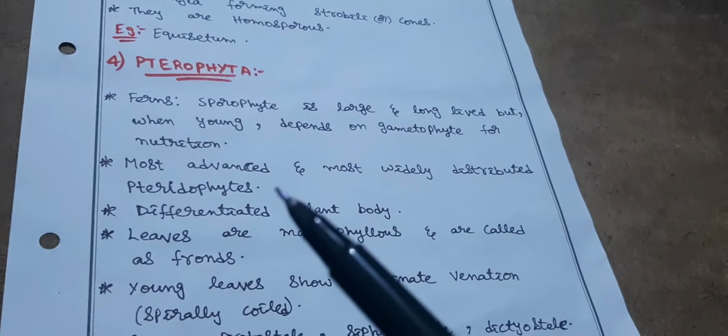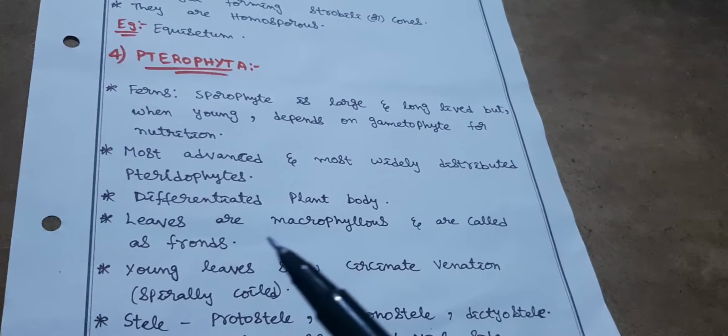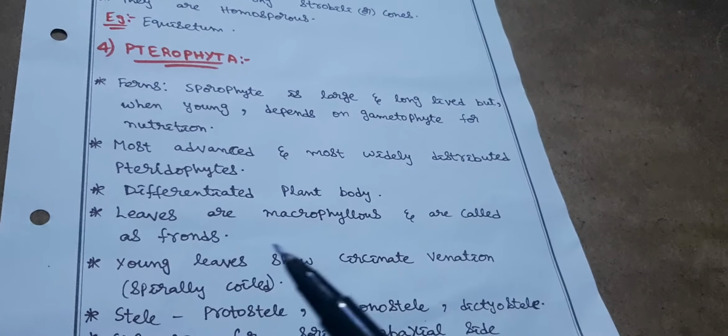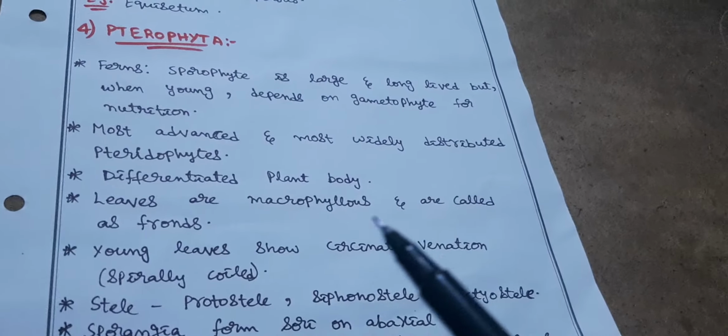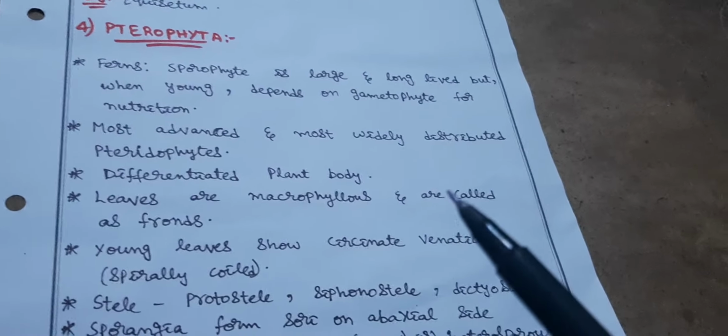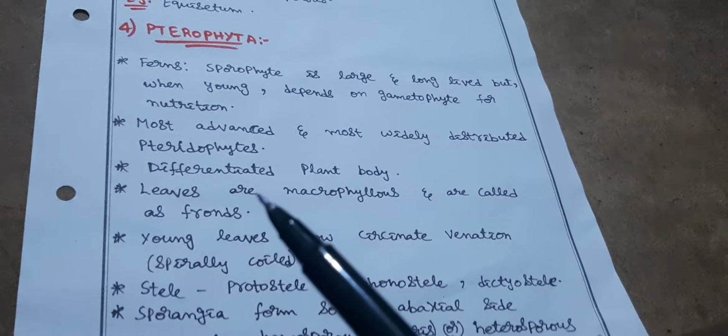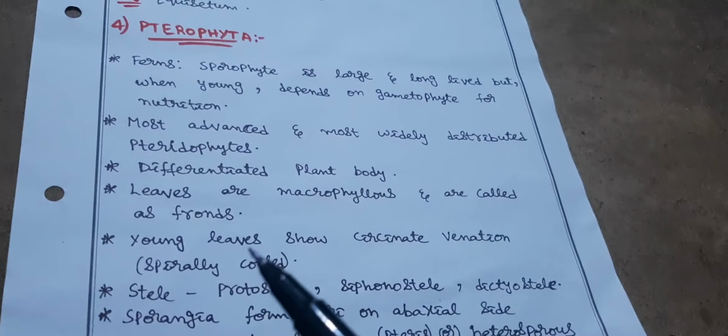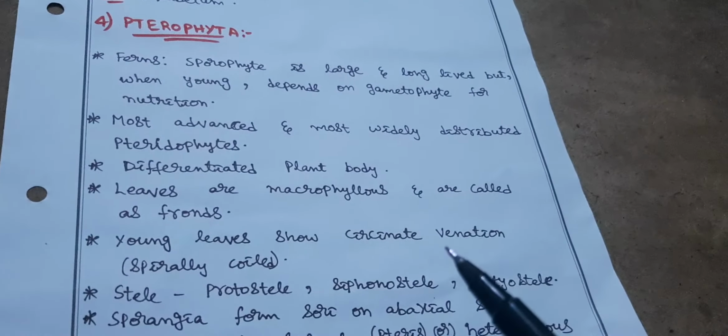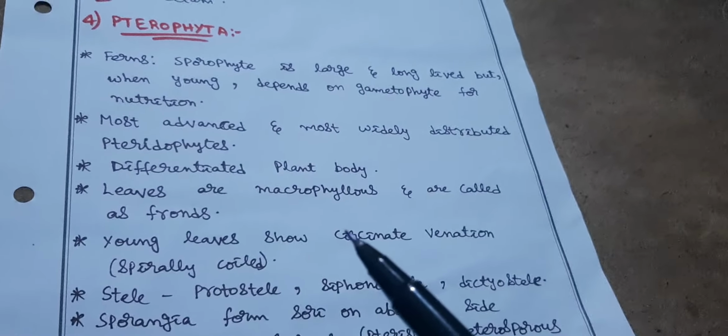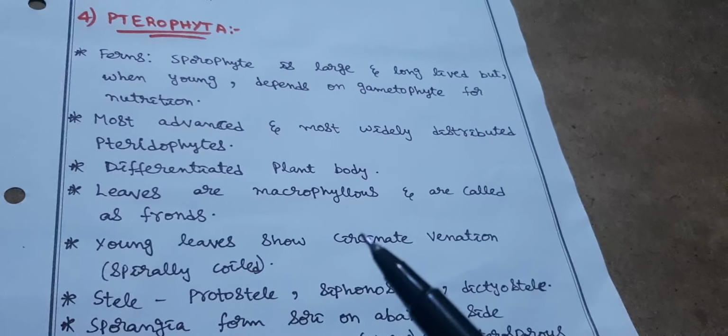Pterophyta plant body is also differentiated, and leaves are macrophyllous and are called fronds. Leaves are bigger in size, and leaves here are also called fronds. Young leaves show circinate venation, that means the leaves are spirally coiled.